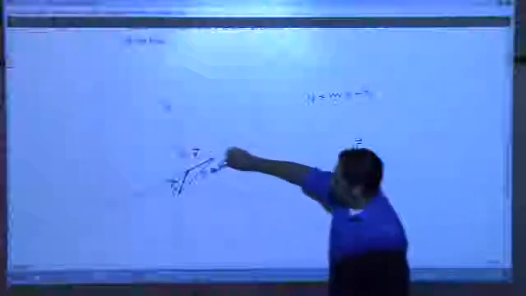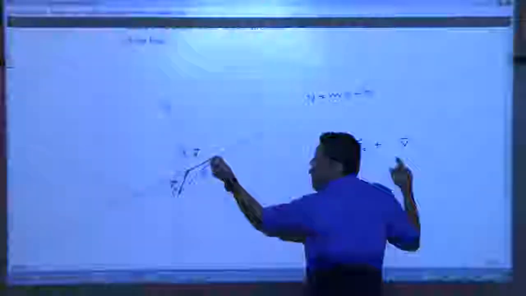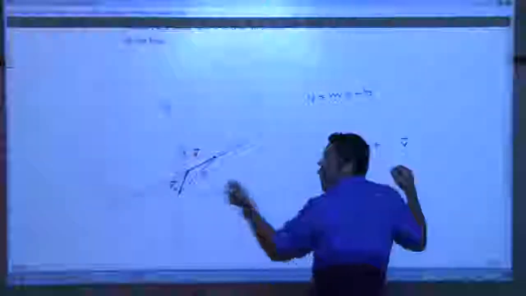Or anywhere. But we want to make it attached to the tip of the vector r0. And if we add to this that vector v, then we will wind up here at this point. And that's a new vector. This is r. So this thing right here is r.